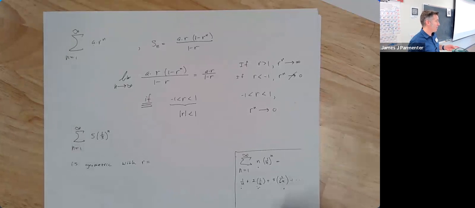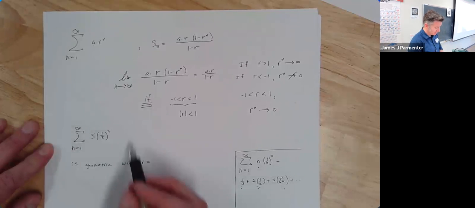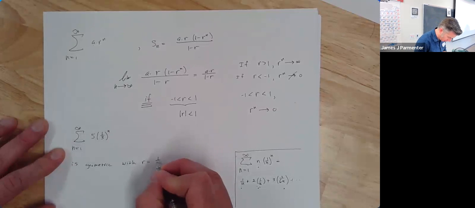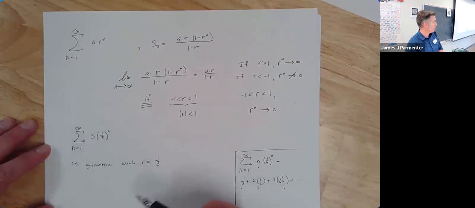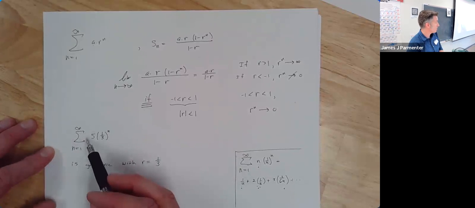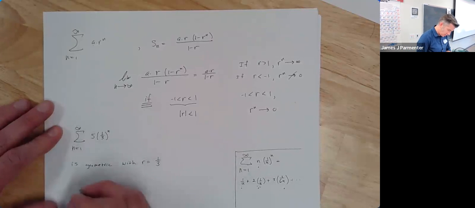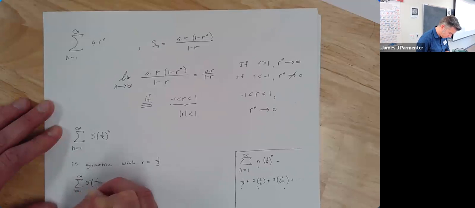So you're not multiplying by the same ratio each time, so it's not a geometric series. Cool. This is a geometric series, and your ratio is 1/3. And since your ratio is between -1 and 1, this series converges. So this series does converge.